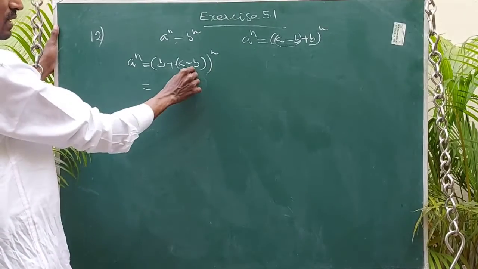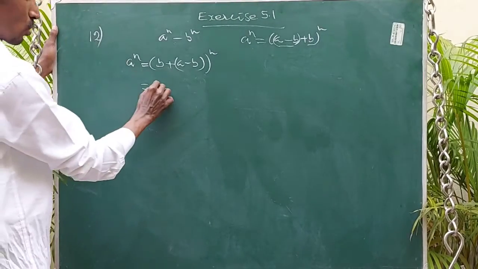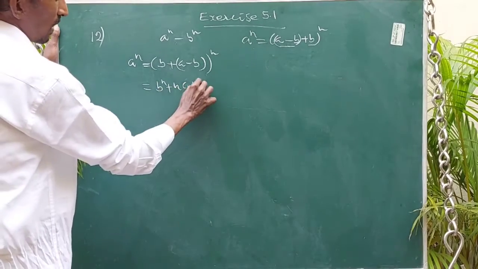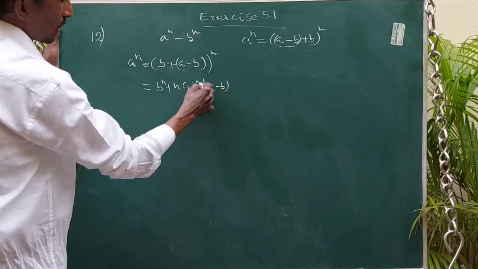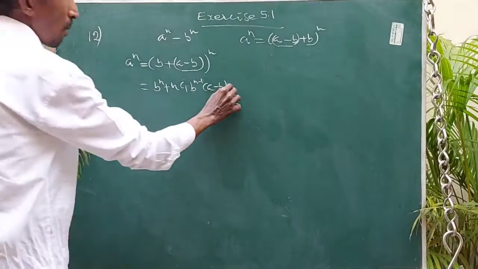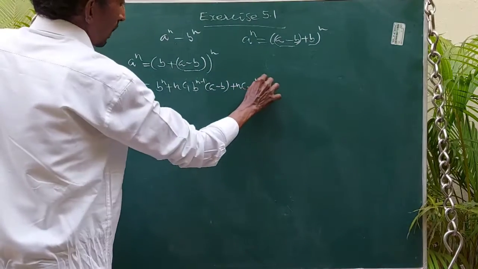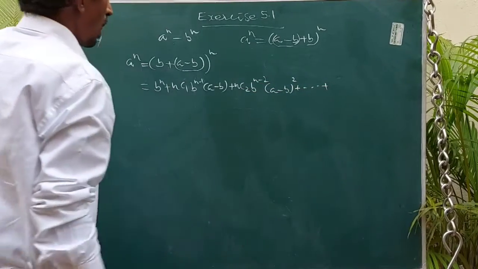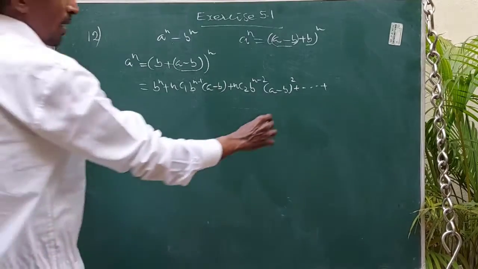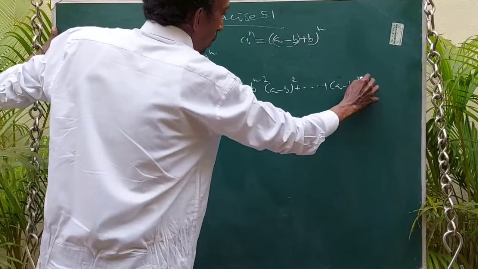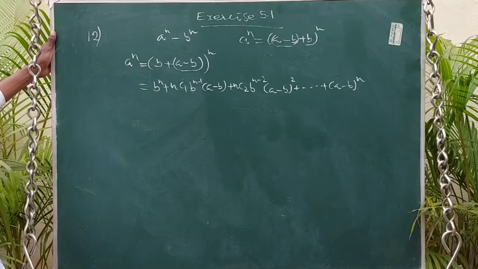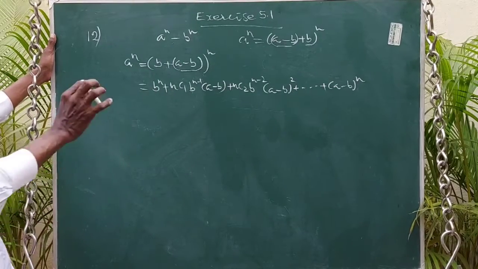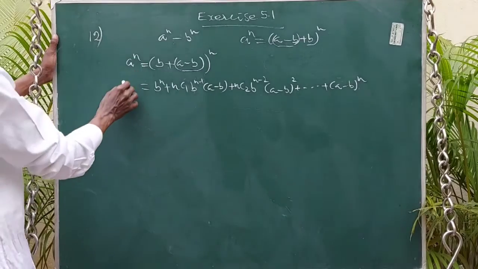It is x and it is a. nC0 is 1, so b power n, plus nC1 b power n minus 1 into a minus b power 1, plus nC2 b power n minus 2 into a minus b the whole square, plus etc. The last term is nCn into a minus b the whole power n. nCn is 1 and b power 0 is 1, so a minus b the whole power n. Simply we are applying the binomial theorem.